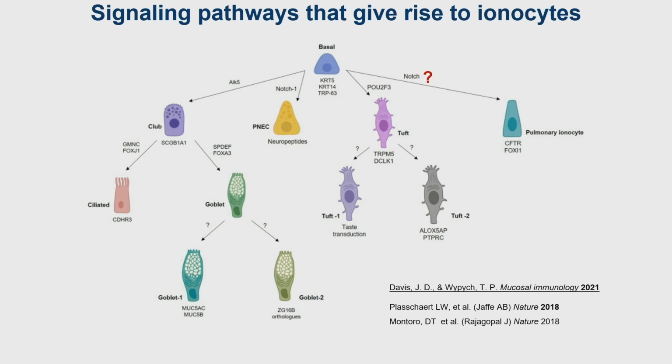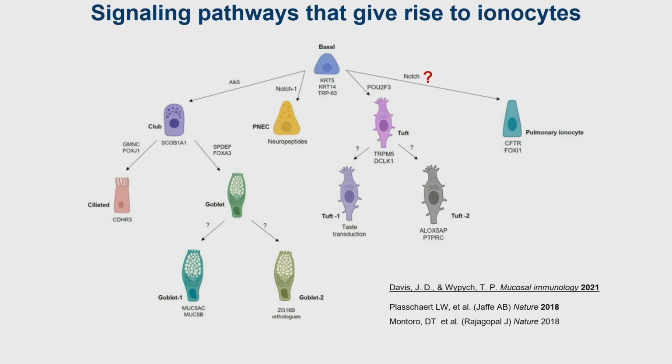And in our own lab, my colleague Stuart has also shown that when you knock out the ionocyte transcription factor FOXI1, there's a decrease in CFTR-dependent function, and that is rescued by overexpression of FOXI1, which brings the ionocytes back.